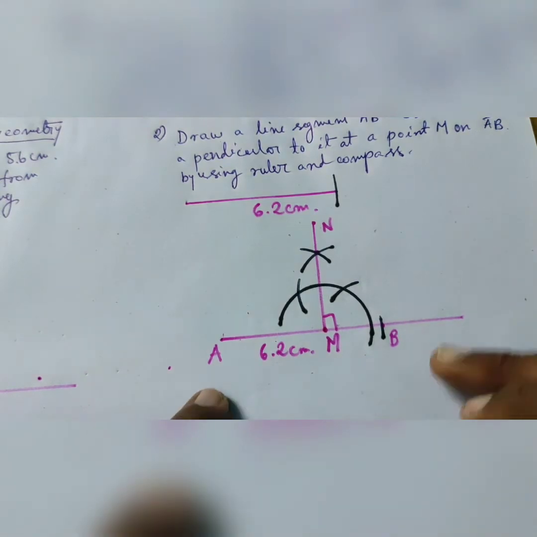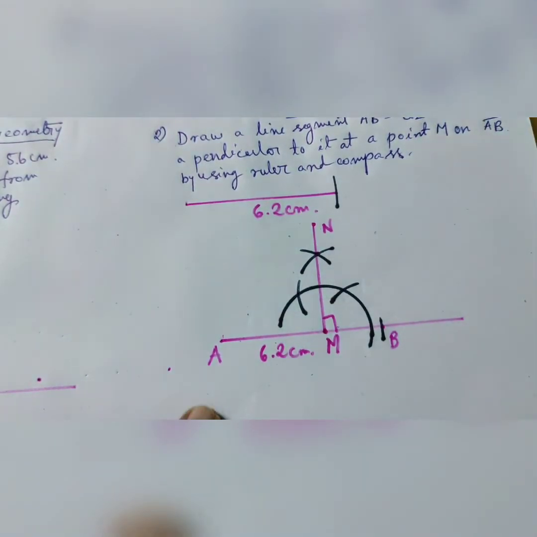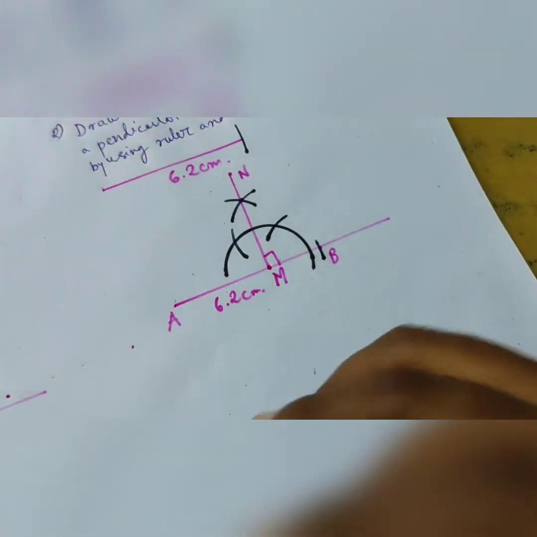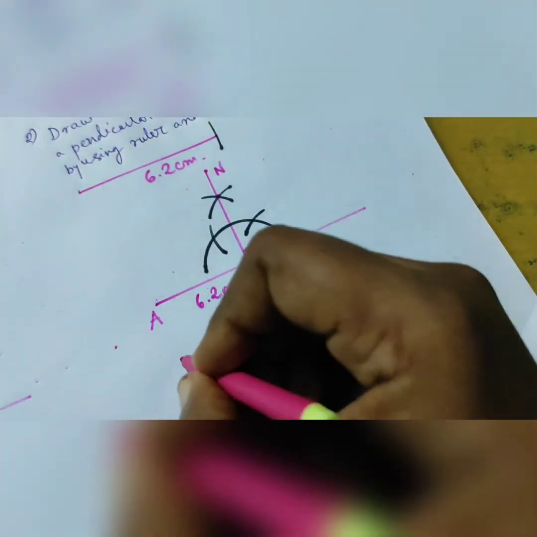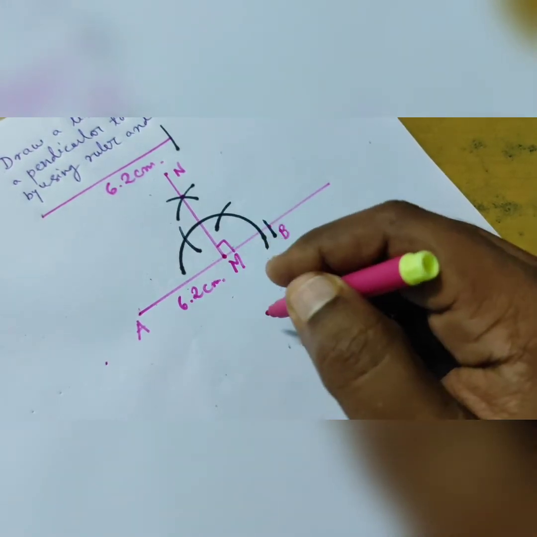After drawing this perpendicular, one last thing is left, and that is we have to write down the statement based on what we have done in this construction.